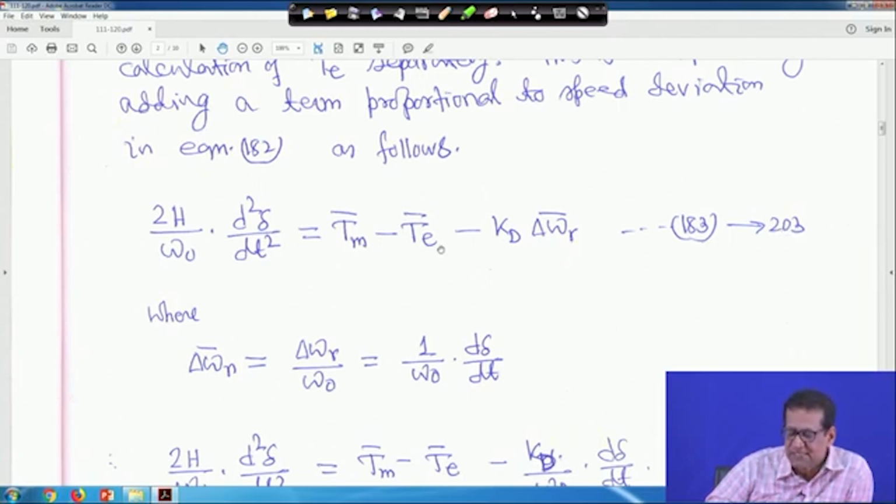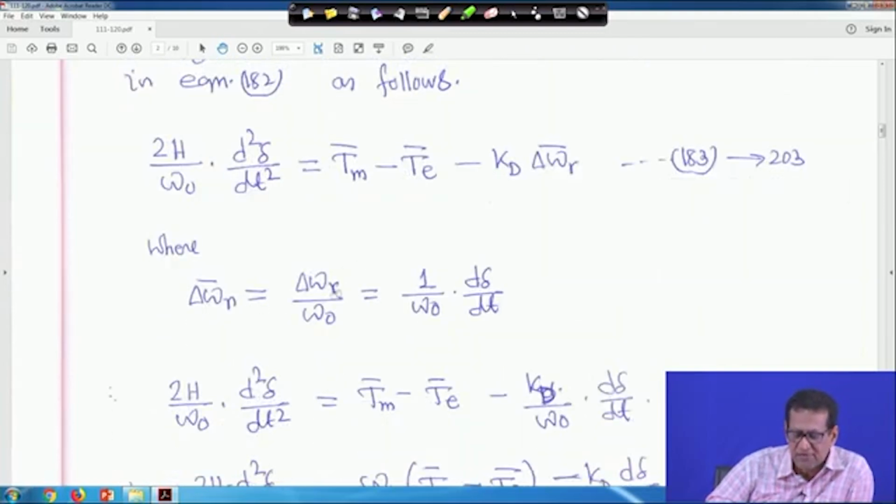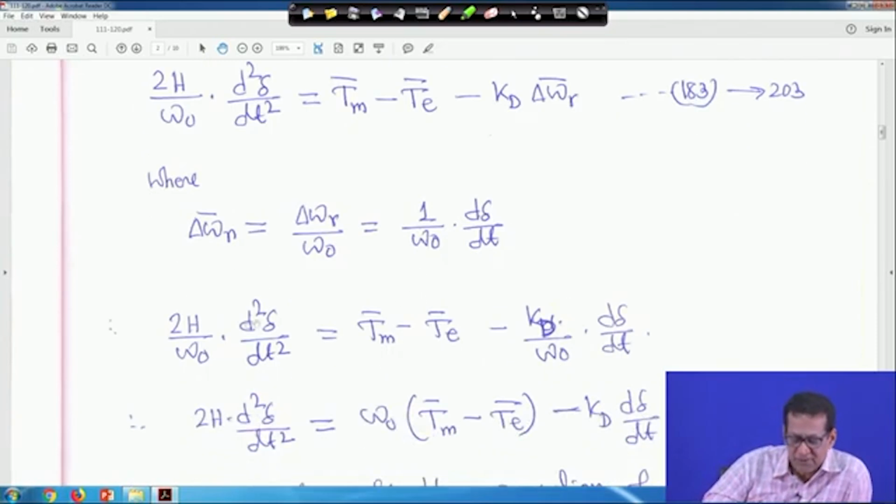So, T m bar minus T bar minus k d into delta omega bar, this damping term is added, where delta omega bar I told you earlier is equal to delta omega bar upon omega 0. We can write 1 upon omega 0, and this is actually d delta by dt, delta omega r. Therefore, 2H by omega 0 d square delta upon dt square is equal to T m bar minus T bar minus k d term.